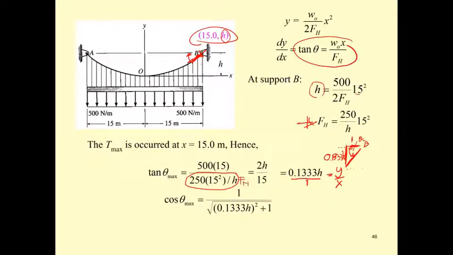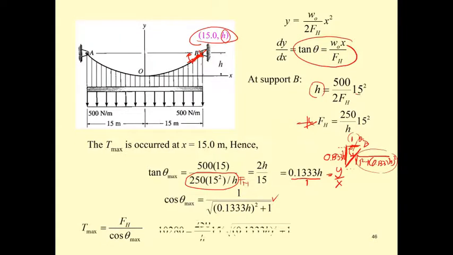And if you're going to find the cosine of it, this is going to be the square root of 1 squared plus 0.1333 h squared. So the cosine is going to be this divided by this, and then you get this, and you put into your equation the F sub h divided by cosine theta max.